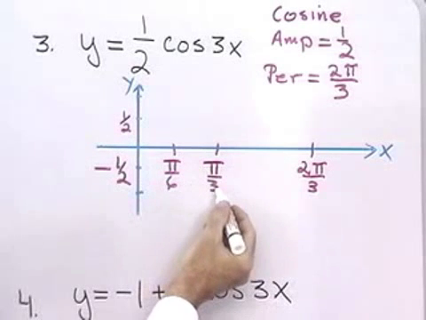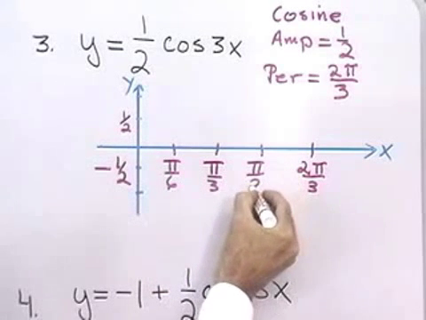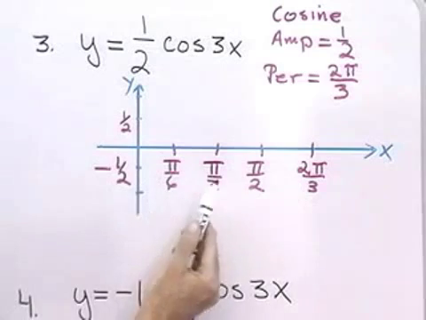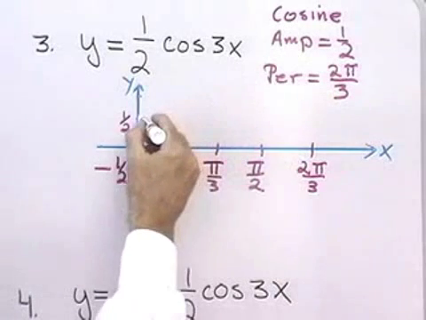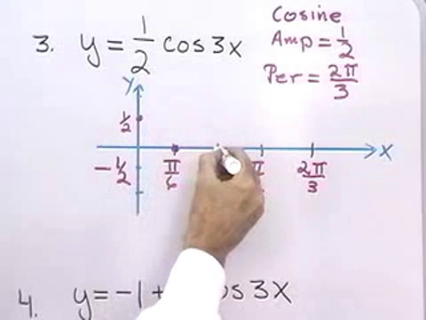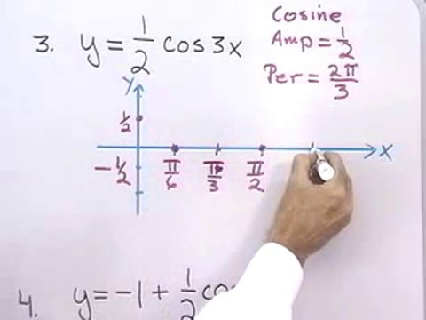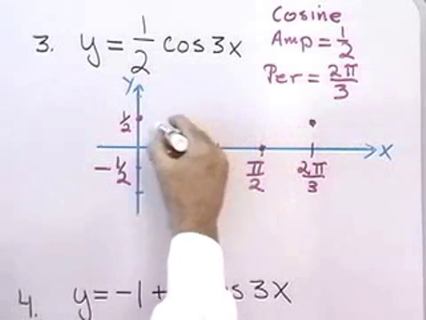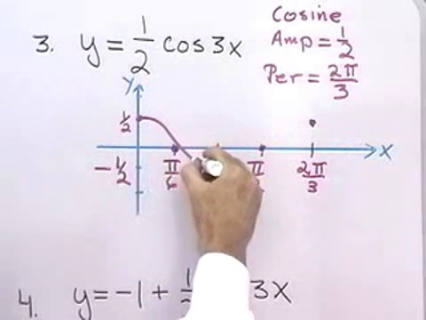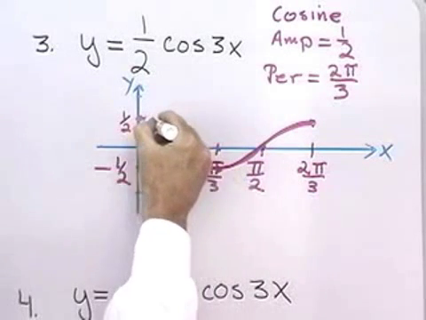So I have 1 pi over 6, 2 pi over 6, 3 pi over 6, which is pi over 2. So this is going to be a cosine curve, so it will start up at the amplitude of 1/2, come down to 0, go down to negative 1/2, back up to 0, and then back up to 1/2. So if I sketch one complete cycle of that cosine curve, it will look something like this.